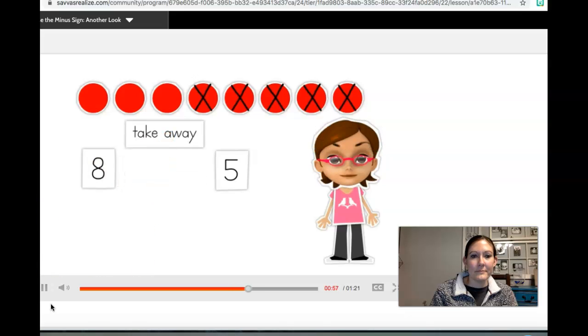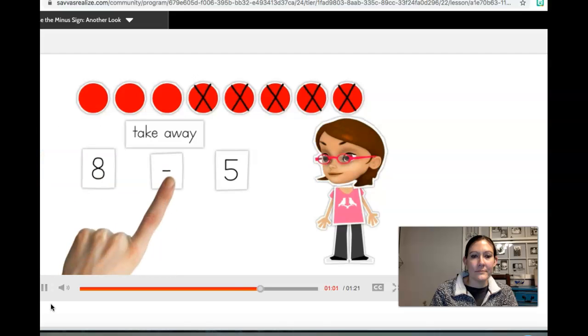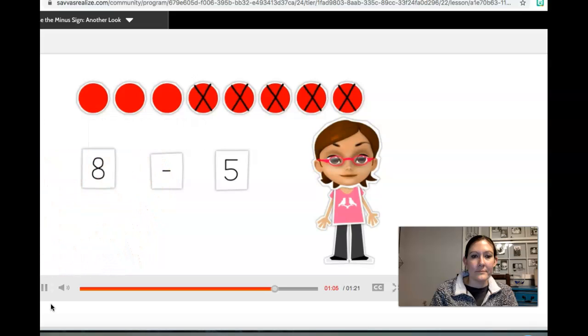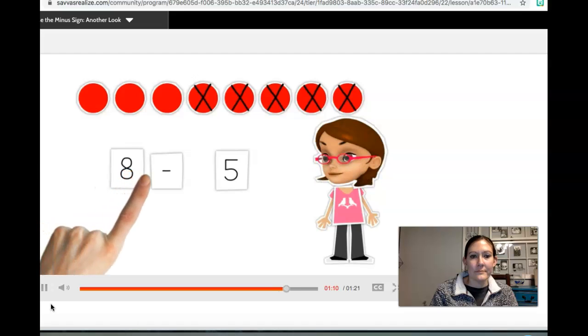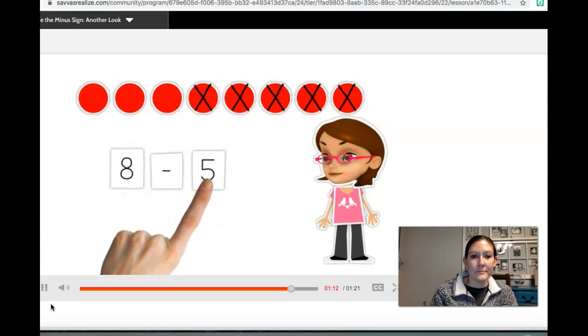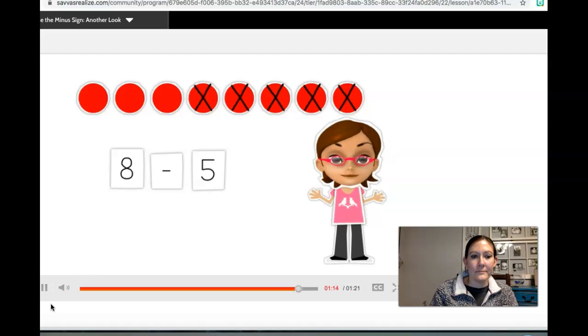But we can also use a math symbol called a minus sign to say subtract. A minus sign is much easier to write than take away. Instead of saying 8 take away 5, we say 8 minus 5. Minus means take away. That's right. The minus sign means take away.